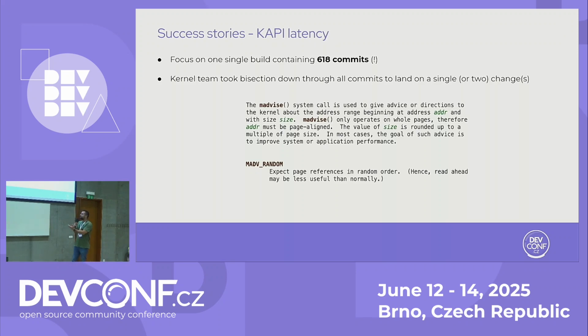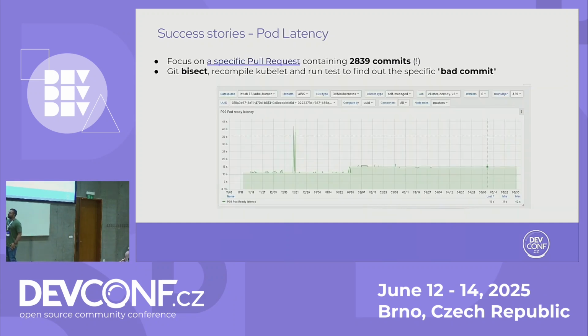This is a kernel syscall that advises the kernel how it should reserve memory, and etcd and the Golang interface to etcd was super sensitive to this. This is already fixed in upstream and downstream. But I think it's a good example of how, months before the release, we were able to prevent this huge performance hit. And we have other examples, but maybe Raul, because of time, we can move to the demo.